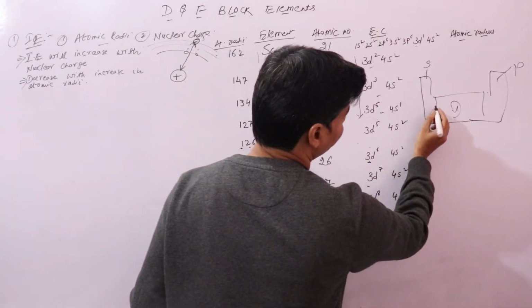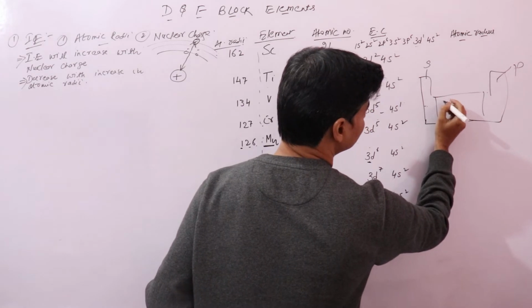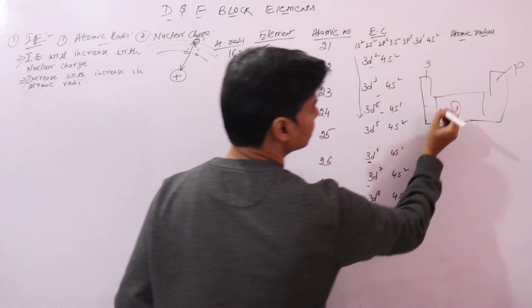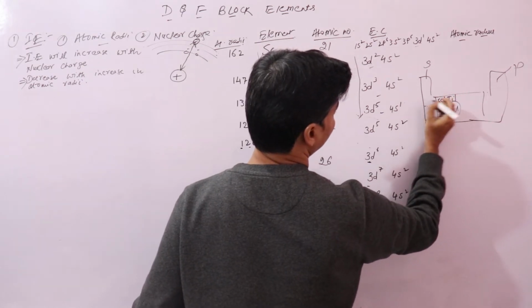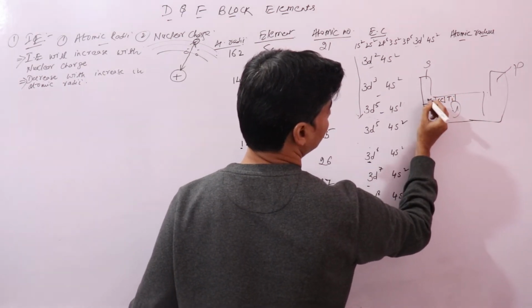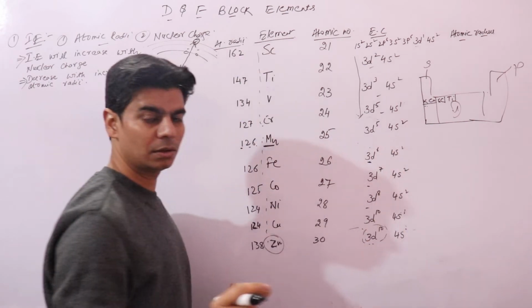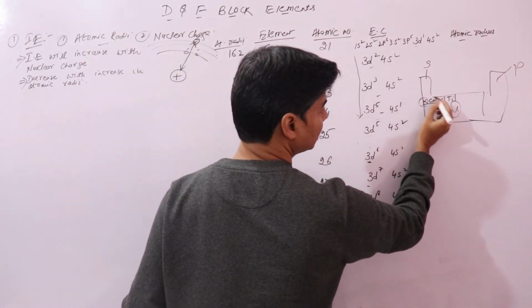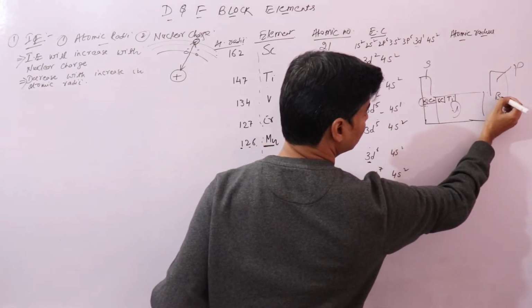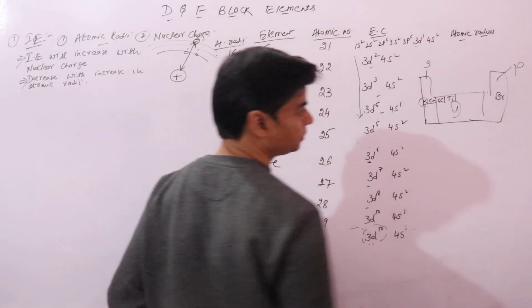Now we know that in a period, suppose this is the first transition series that starts with scandium, then comes Ti, and here you have calcium in the S block. First element you have potassium, then calcium. If you move further in the P block, you have bromine.